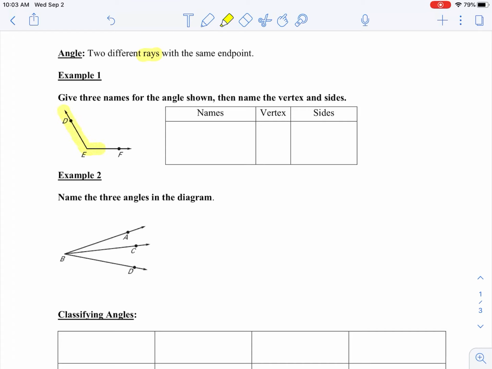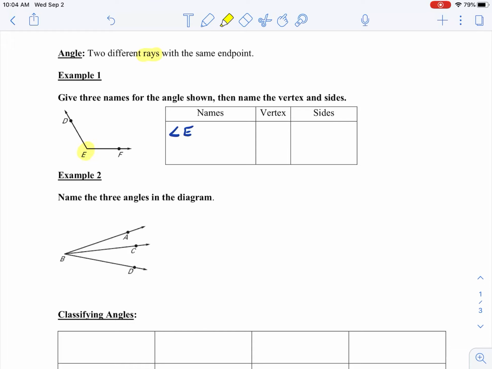So here is the angle that we're going to talk about. Now, there are three ways we could name this angle. The first one is we're going to name it just angle E. And the reason why we can name it angle E is because the vertex is E. So if we ever name an angle with just one point, one letter, it's going to be the vertex.